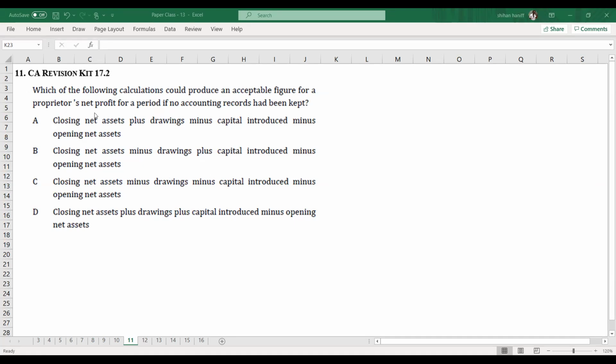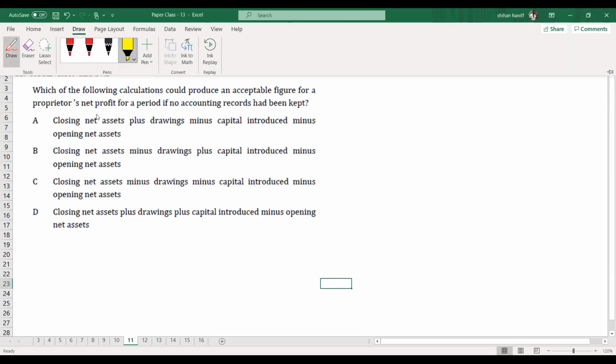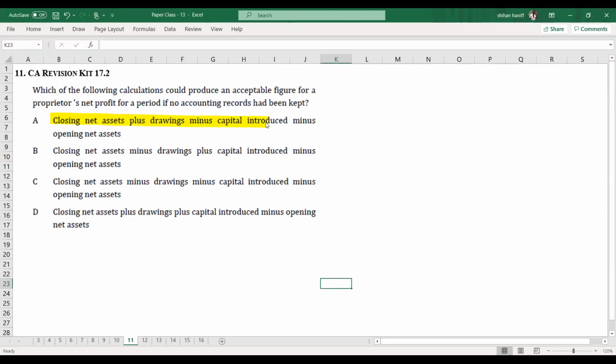So the answer is A. Closing net assets plus drawings minus additional capital minus opening net assets. It's not a hard one, it's a simple one.